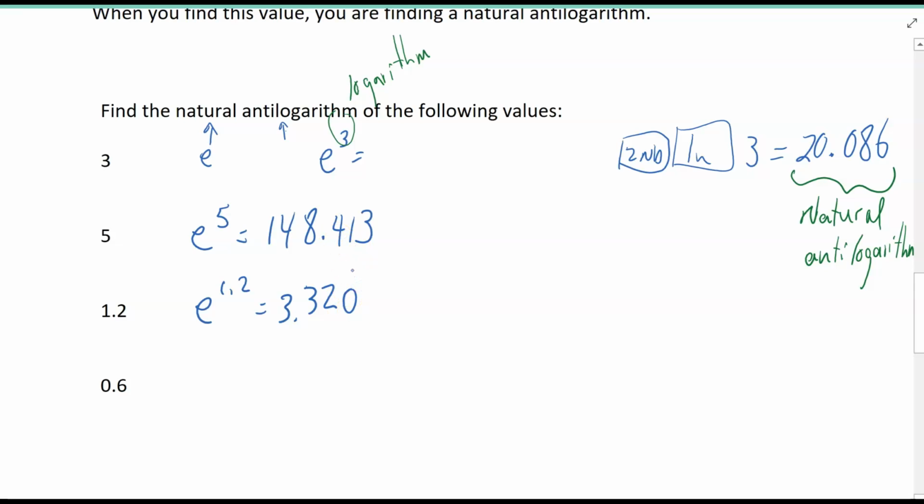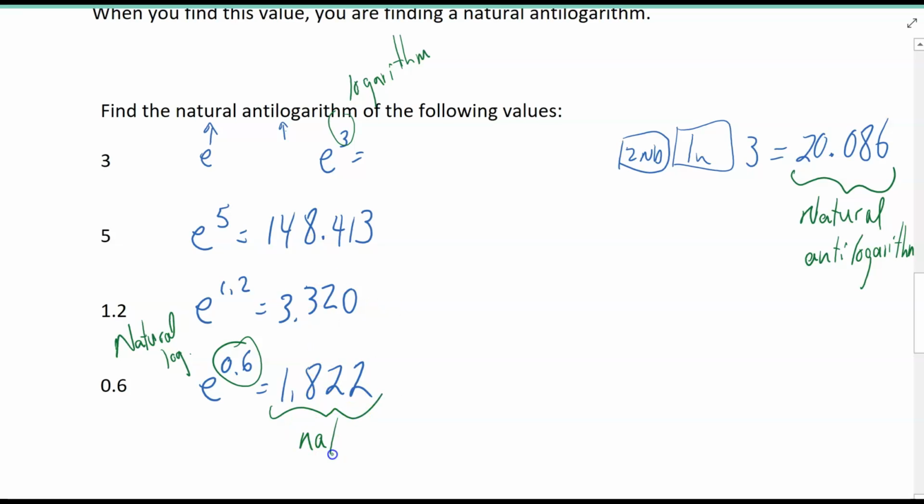And e to the 0.6. Second function ln 0.6, 1.822. All right. So remember, this is a natural logarithm, and this is a natural anti-logarithm.